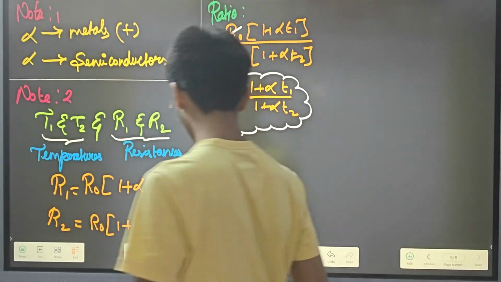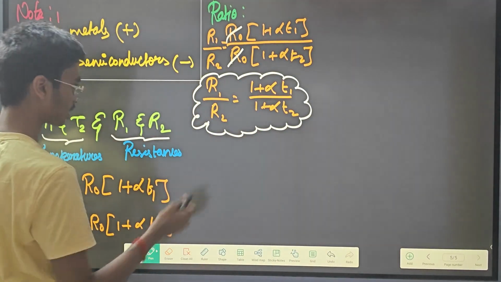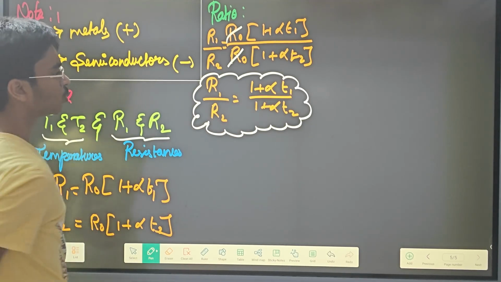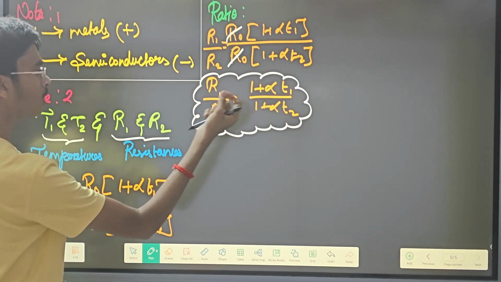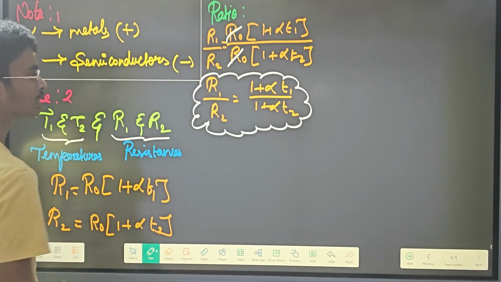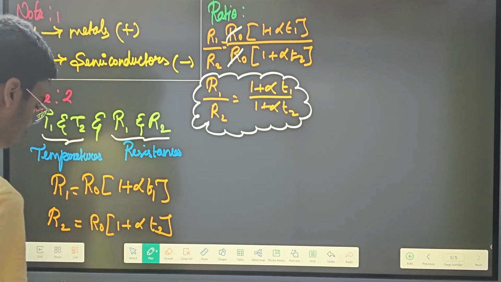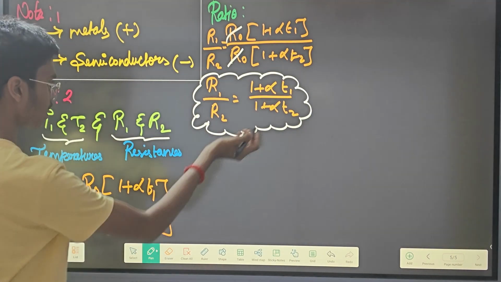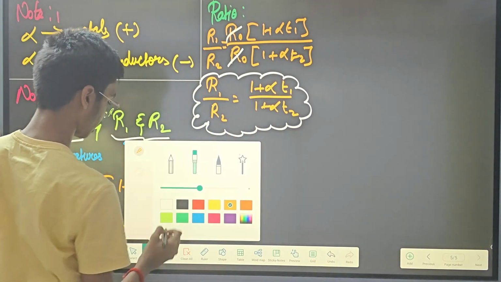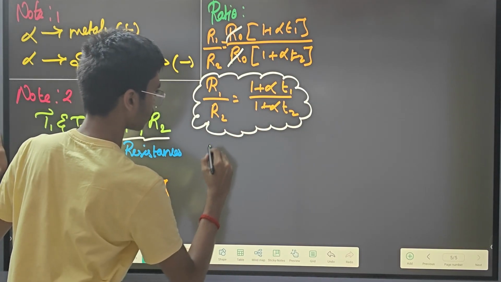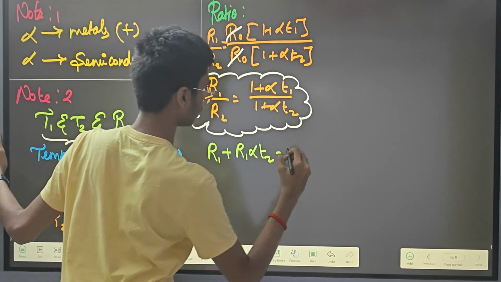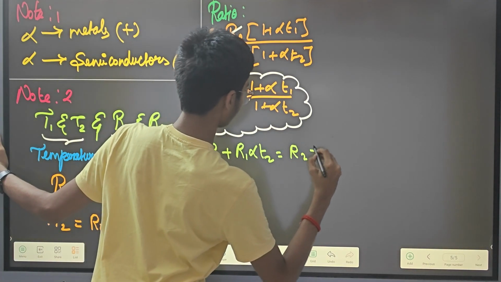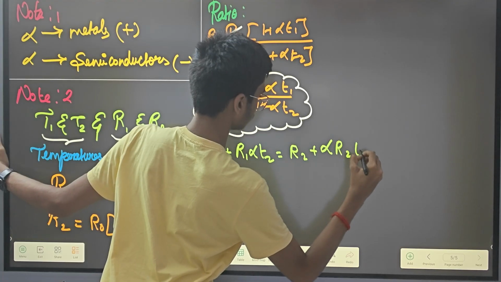At last, if they're asking for alpha, you can take alpha as common. First, multiply out: R1 plus R1 alpha T2 is equal to R2 plus alpha R2 T1.